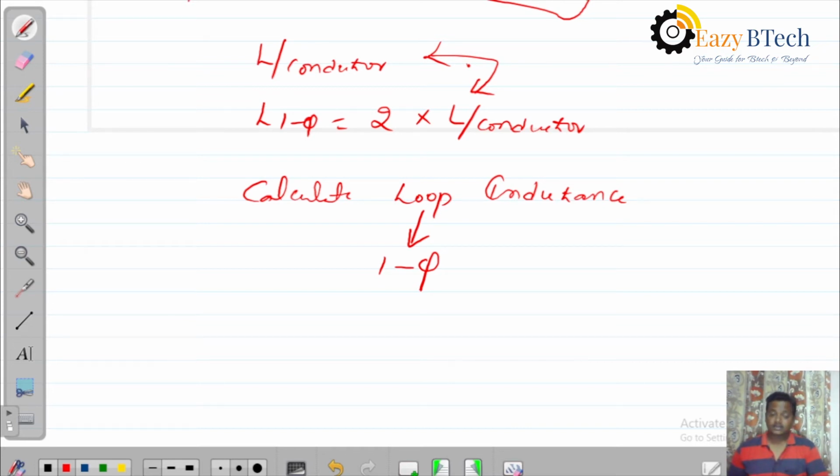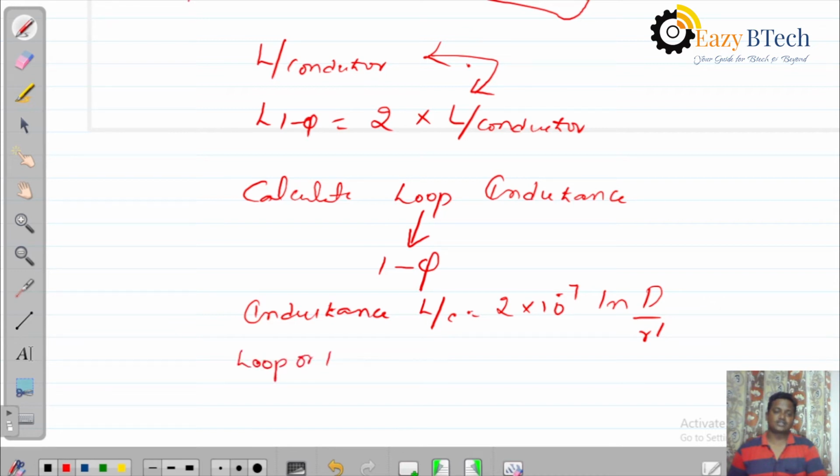If they ask to calculate inductance in a conductor, we have to calculate 2 into 10 power minus 7 ln d by r dash. If they are asking about calculate loop inductance for single phase system, then we have to use the formula 4 into 10 power minus 7 ln d by r dash. Okay, keep in mind that.